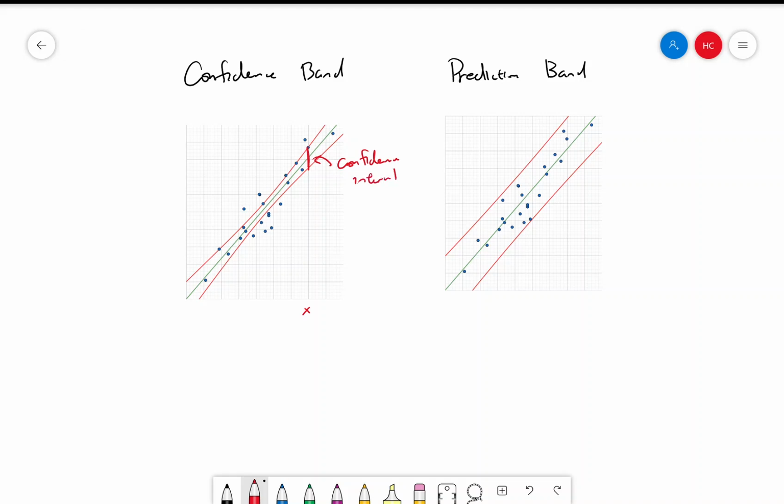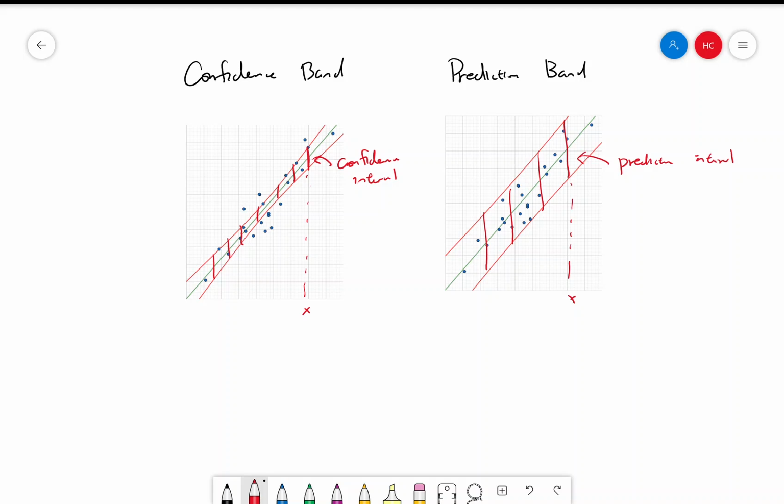For another x, and for all the different x's, you draw the confidence intervals, and together they give you a band between the two curves. It's called the confidence band. The same thing for the prediction band: for each x, you draw a prediction interval, and if you draw this for all the values of x, you get a band called the prediction band.